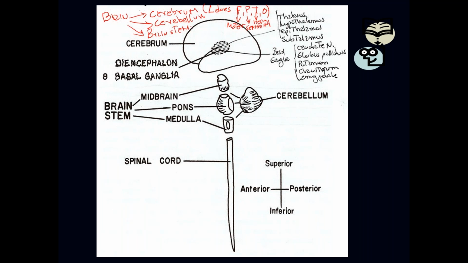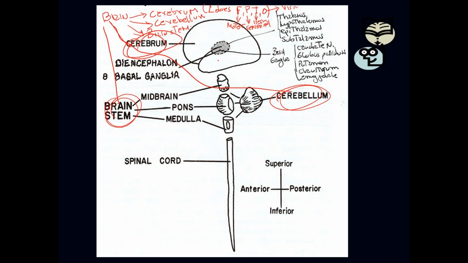There are many more. And the occipital is going to be the vision. Okay, perfect. So here we have the cerebrum. So don't forget, cerebrum plus cerebellum plus brainstem, all are part of what we call the brain.